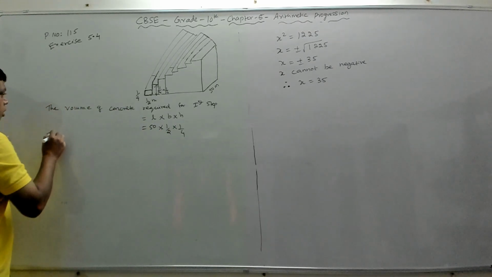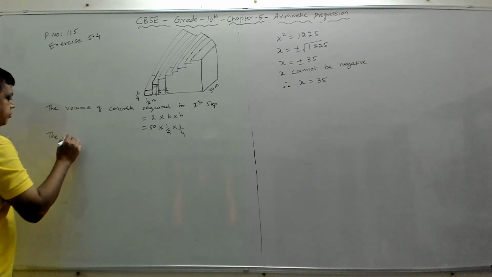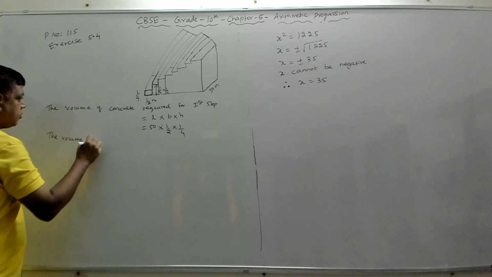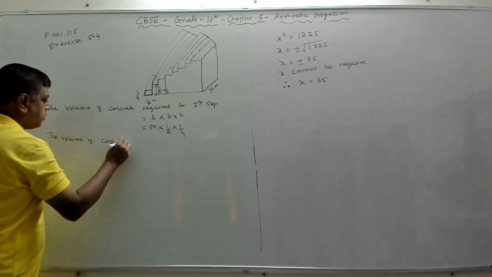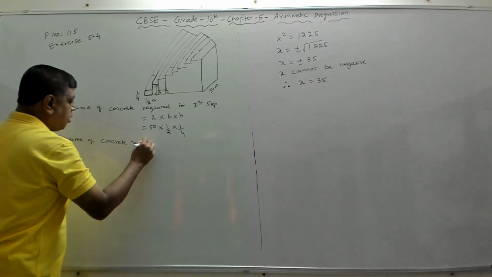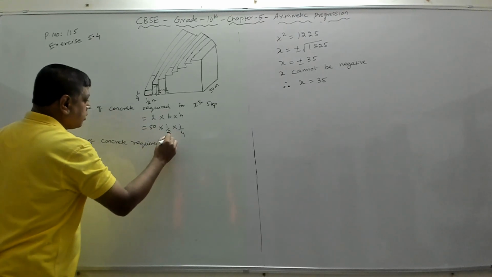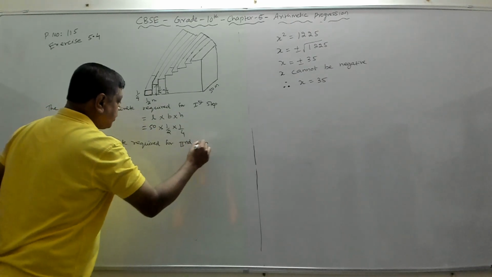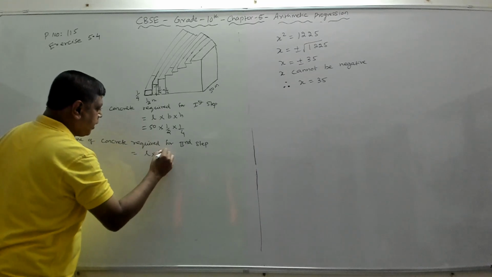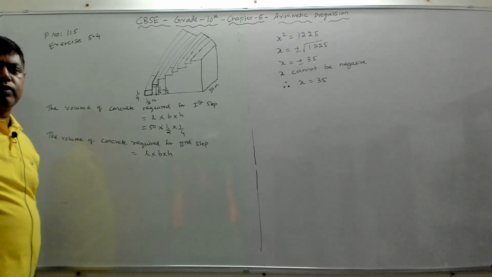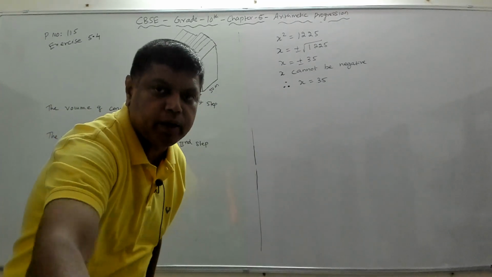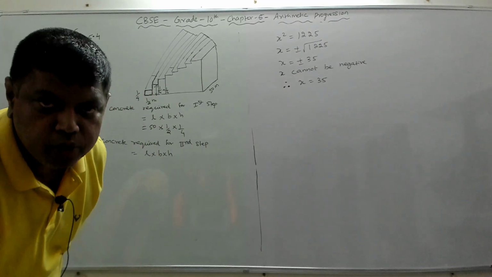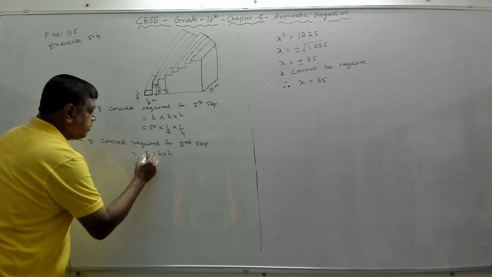So the volume of concrete required for the second step is again length into breadth into height. What is that length? That length is the same.